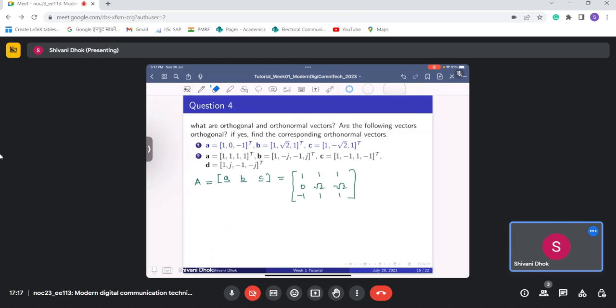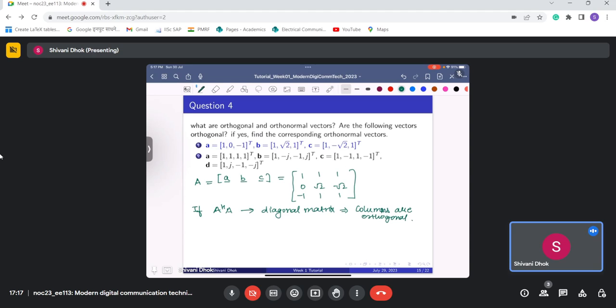Now if A Hermitian A is a diagonal matrix, then the columns are orthogonal.